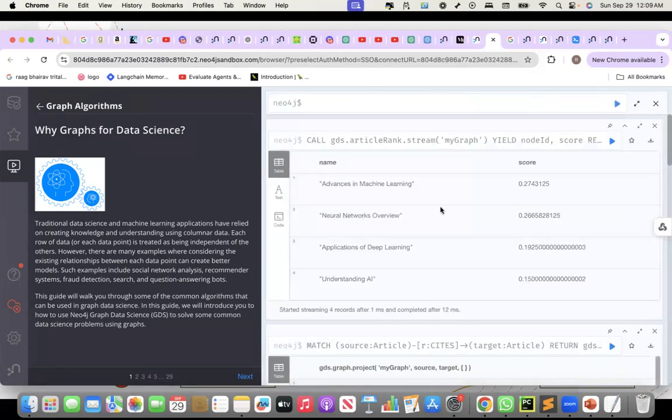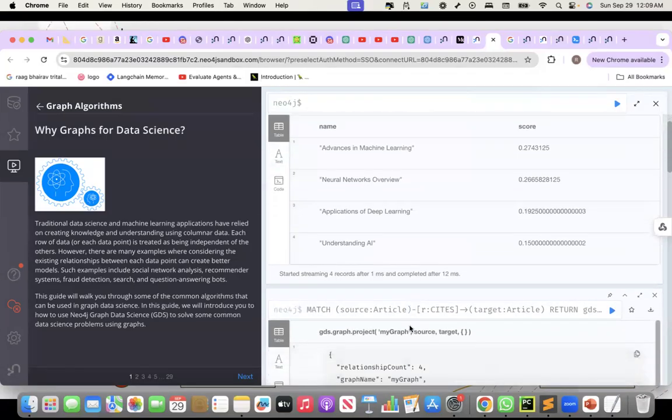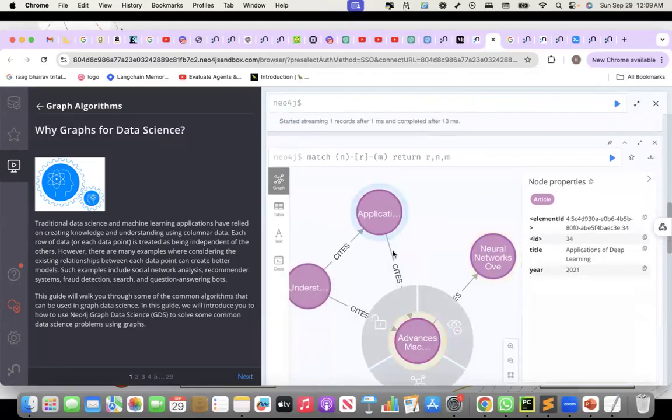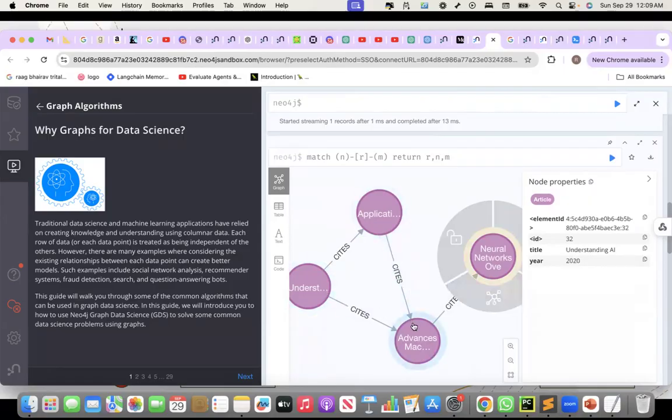So these are the article ranks. Advances in Machine Learning got the highest score because it had two citations, with one coming from this and one from this, so the transitive influence of these two will be there.